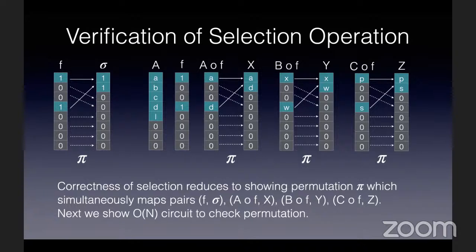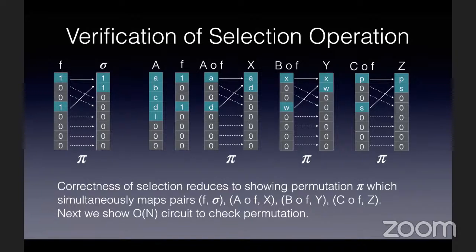And to verify that the filter is done correctly, you want to say that sigma is a permutation of F, X is a permutation of AoF, Y is a permutation of BoF, and Z is a permutation of CoF. Further, you want all of these to be the same permutation.